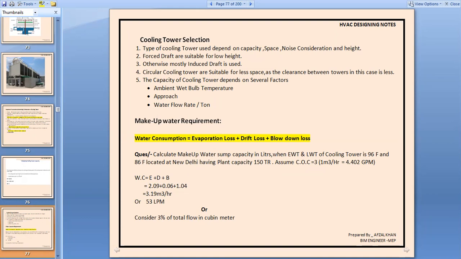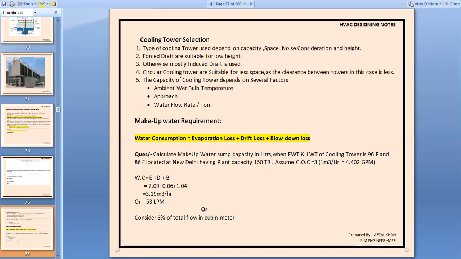This is your evaporation loss. Next, for drift loss, I told you 0.002 into 150, because 0.002 is for 1 TR, so I multiply with the total TR, which is 150.